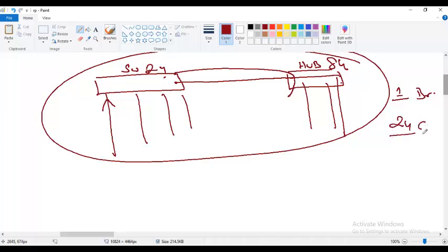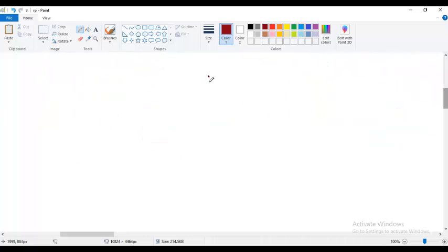Now let me ask you another question. I told you each port on a router will have one collision domain and one broadcast domain. Each port has got one collision domain, one broadcast domain.